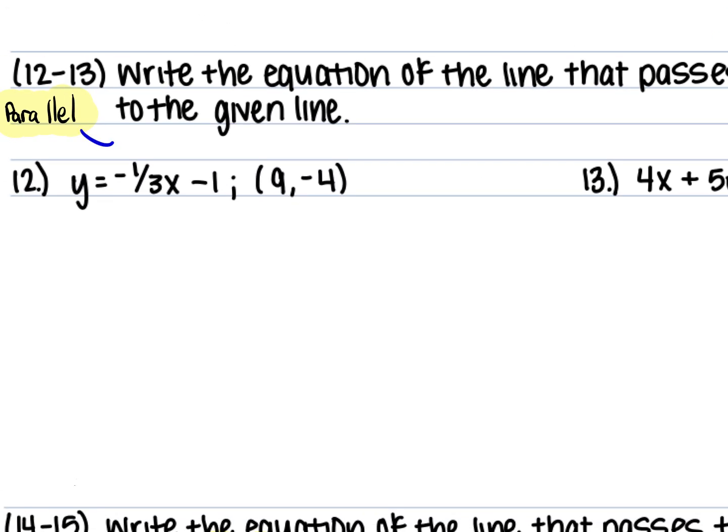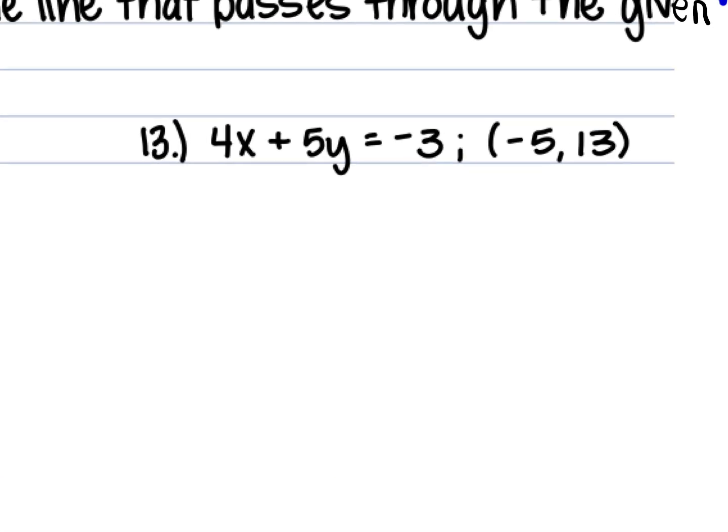Parallel means same slope. So for 13, how would we find the slope here? Awesome. We want to subtract 4x. We want to get this to be in y equals mx plus b form. So we want to subtract 4x.